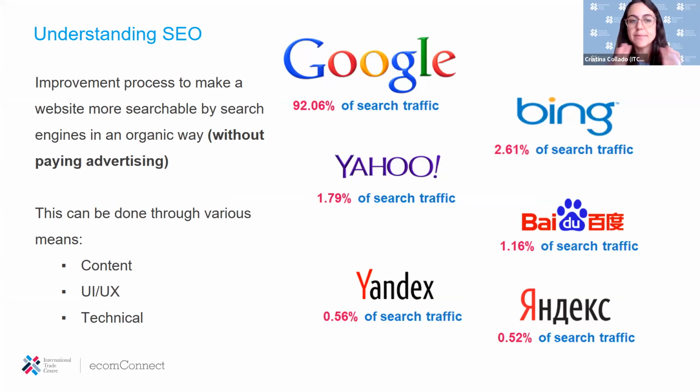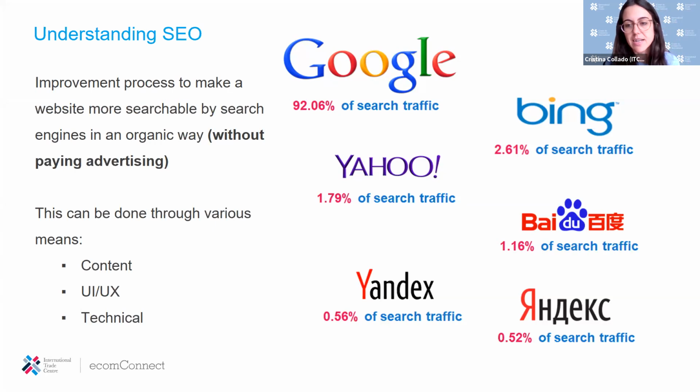So there are many aspects of SEO that we have to look into: the words from your page, the way your links look, but also the way it looks for customers. The most popular search engine is Google. Around 92-93% of the search traffic is conducted there, and that's why it's so important to understand how Google works.